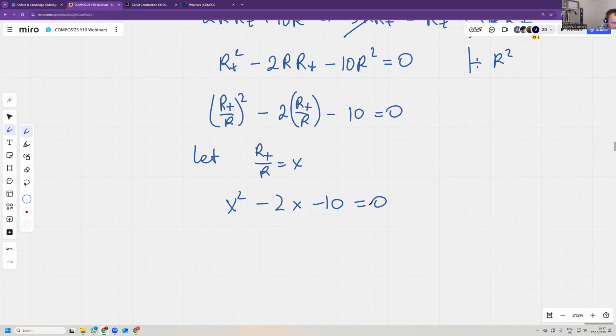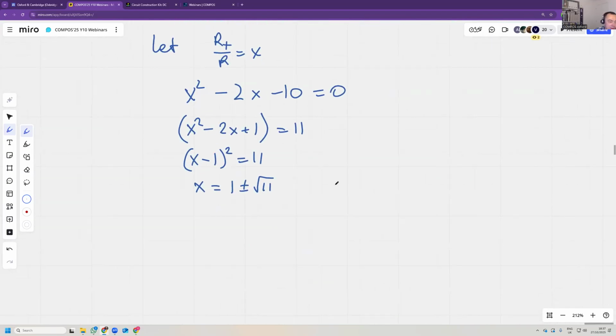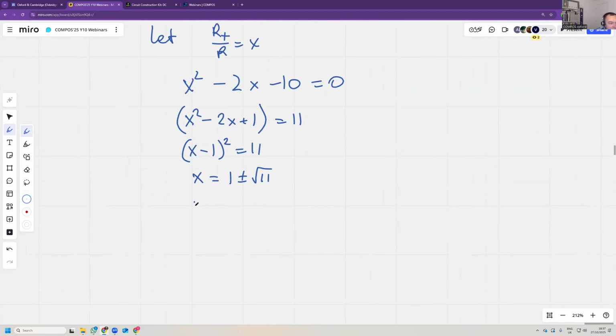What am I doing? It's X squared minus 2X plus 1 equals 11. X minus 1 squared equals 11. X equals 1 plus or minus root 11. And of course, it's the positive one. So RT over R is 1 plus root 11.